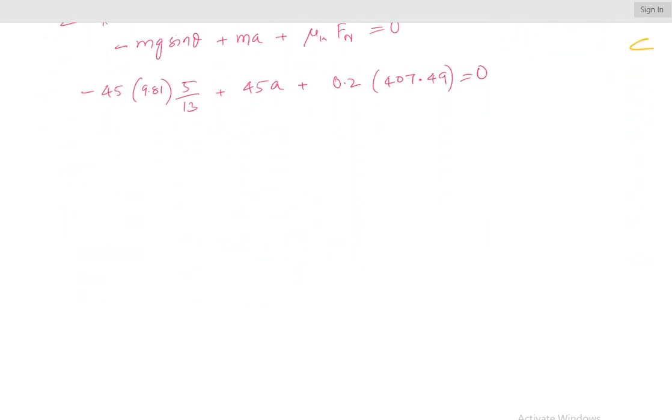Now all we need to do is find A. Okay, let's see what that comes to. Alright, so 45 times 9.81 times 5 divided by 13, minus 0.2 times 407.49.